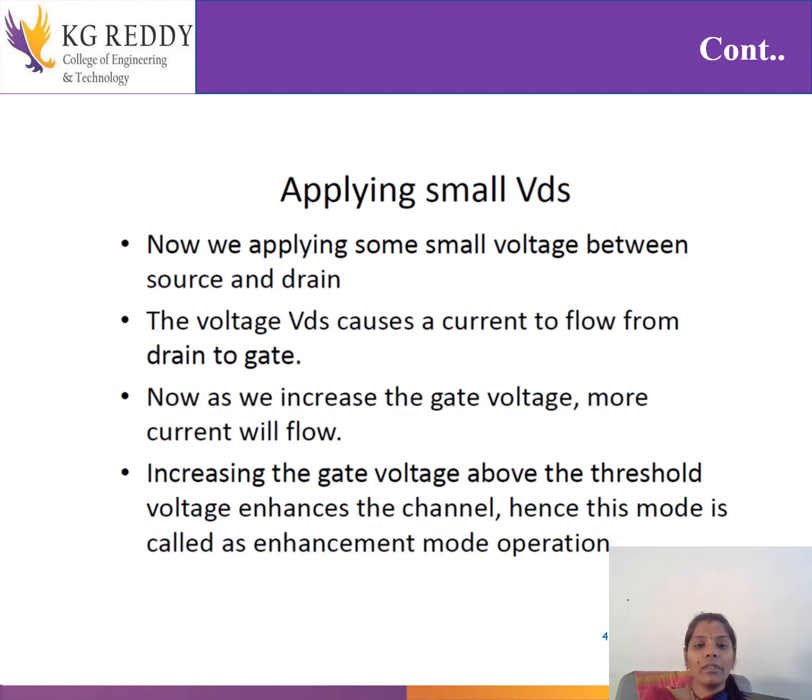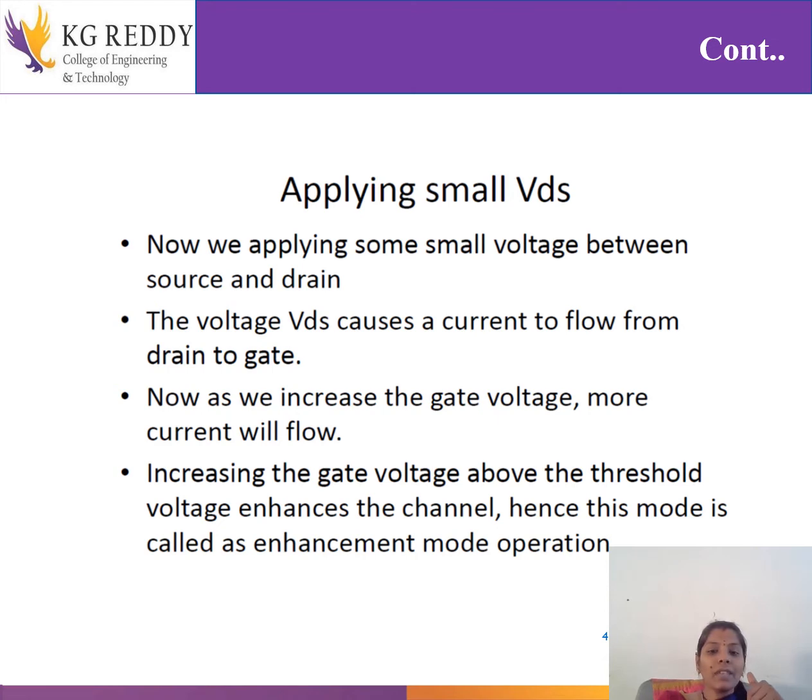So now when we apply a small VDS: till now I have just told you about applying gate voltage, but we have not studied applied drain voltages, right? So suppose I apply a small drain voltage, what happens? When I apply a small drain voltage between the source and drain, the voltage VDS causes current to flow from drain to source. Acceptable?